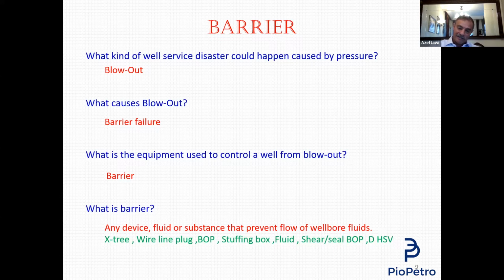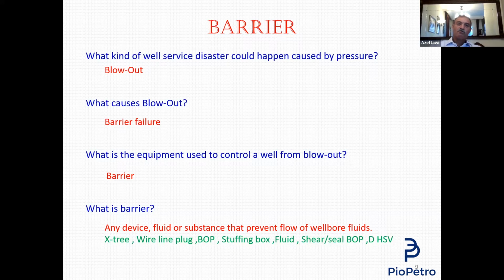I should say any device, liquid or substance. Because when you talk about fluid, you talk about liquid and gas. Gas cannot be used as a barrier because it doesn't create hydrostatic head. So normally it is a liquid that prevents the flow of hydrocarbons.